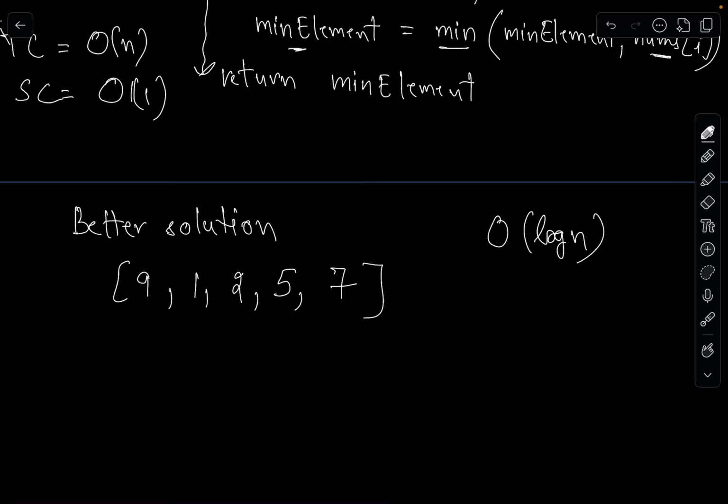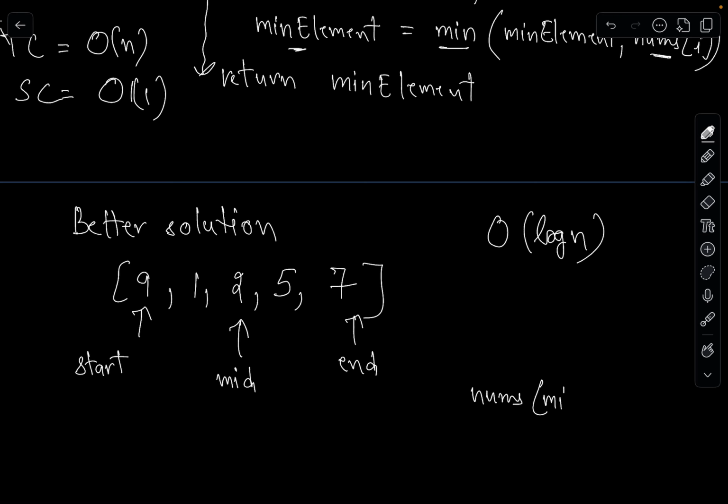So this is the array that is given to us. If you notice, these are the standard pointers that we use in the binary search. This is start and this is end. Then we go to the middle element, which is this one. What we have to do is check if this mid element is less than or equal to end or not.